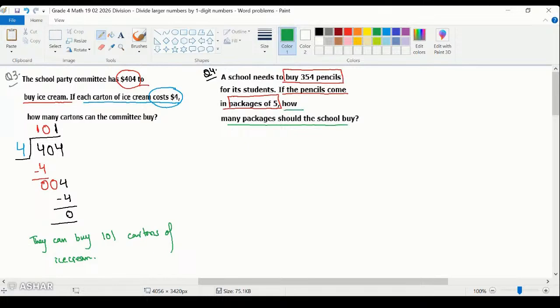So can we say 354, when divided by 5, 35, 5 times 7 is 35.